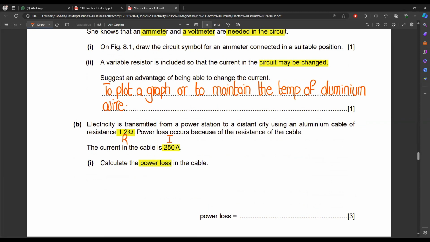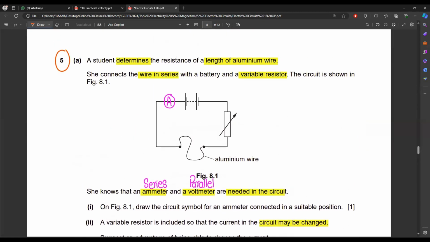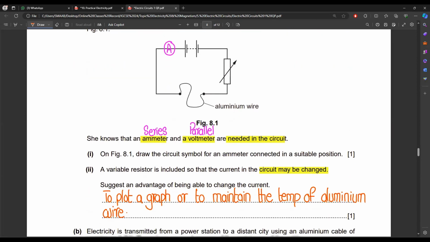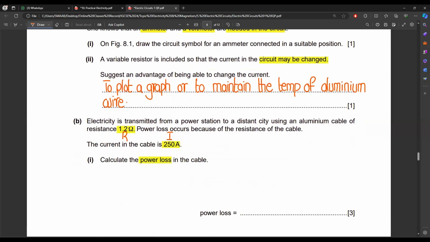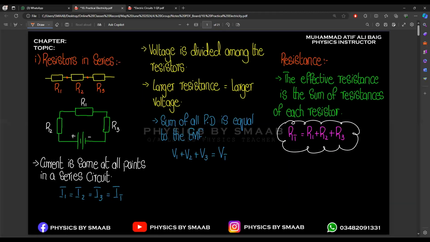So right, resistance is given, electric current is given, and no other value is given in your whole question. So we know that if we use the basic formula, P is equal to VI, voltage is not given, so we have to use the formula that includes electric current and resistance.